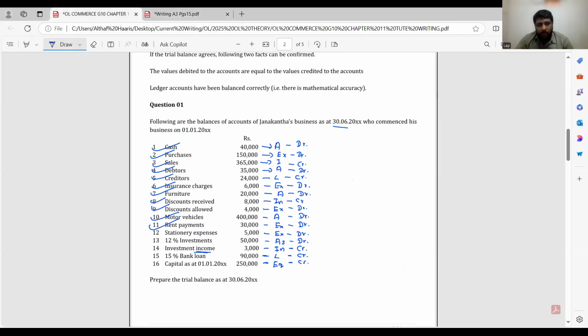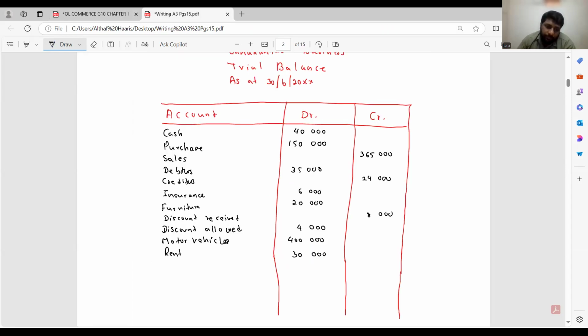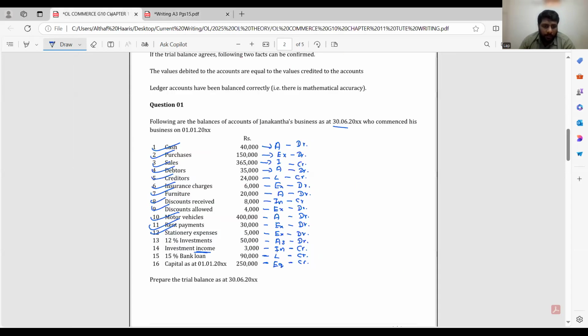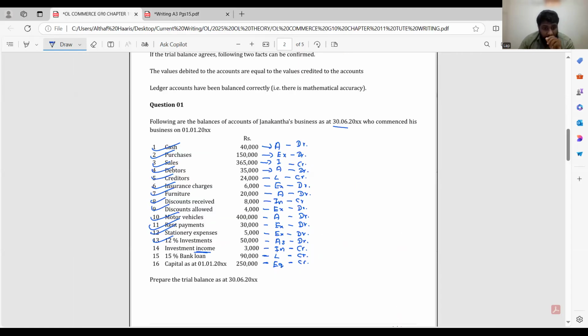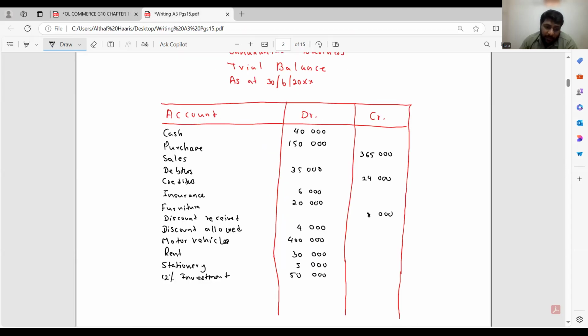Stationery 5,000. Investment 50,000. Investment income. It is income. Investment income 3,000.